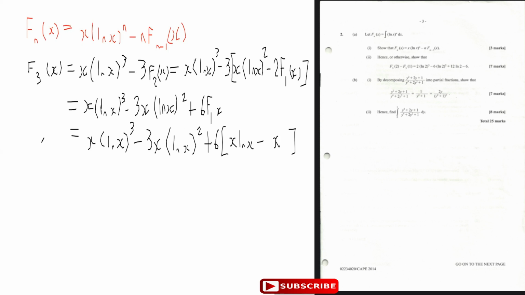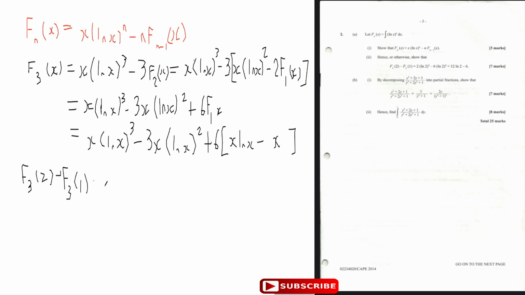Good. Now that we have the formula for f3 of x, we can evaluate f3 of 2 minus f3 of 1. All we're going to do is replace x with 2 and 1.